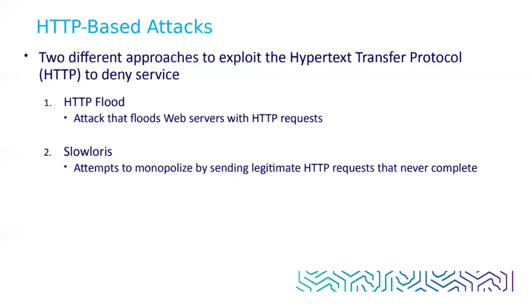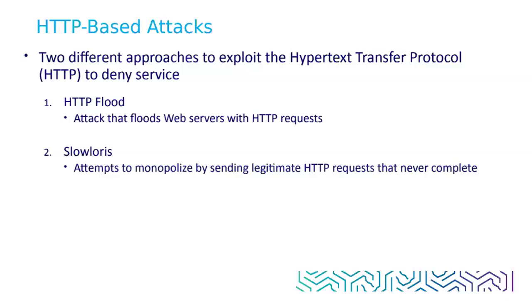While HTTP flood attacks rely on processing overload, the Slowloris attack exploits connection management. Effective defenses include web application firewalls, rate limiting, connection timeouts, reverse proxies, load balancing, content delivery networks, and cloud-based DDoS protection.